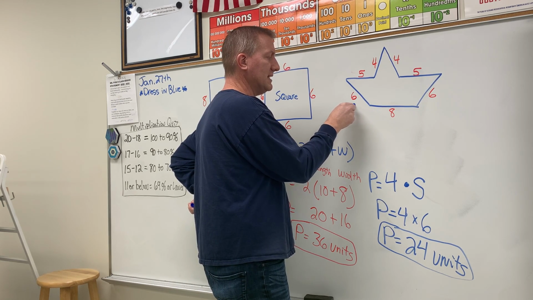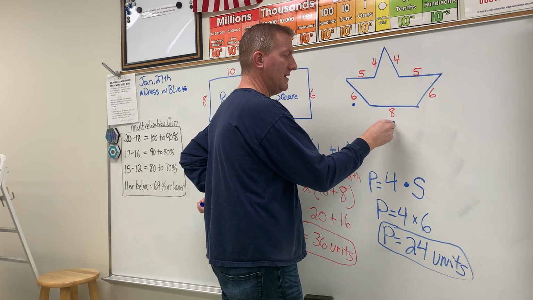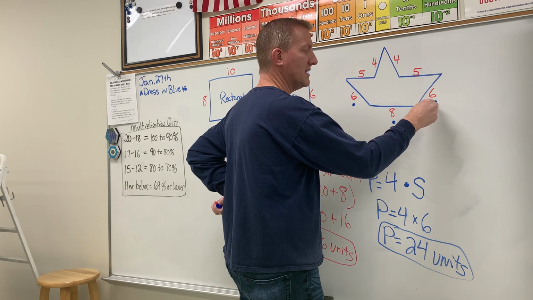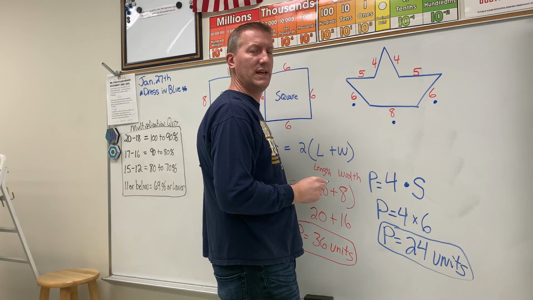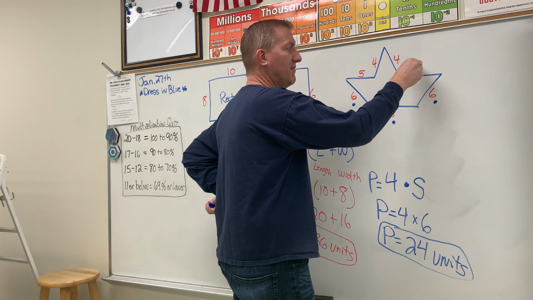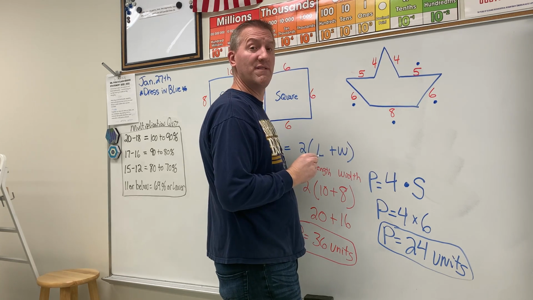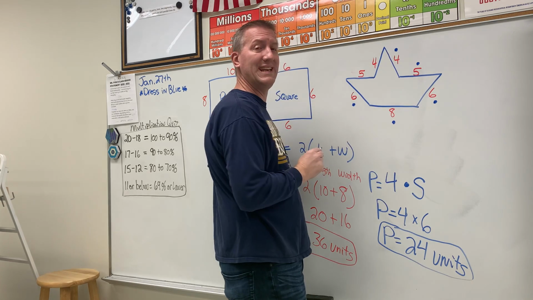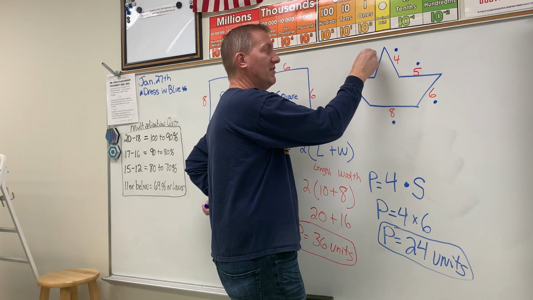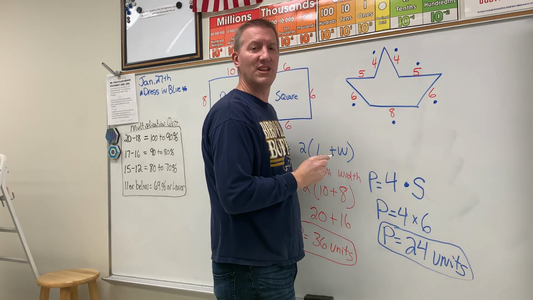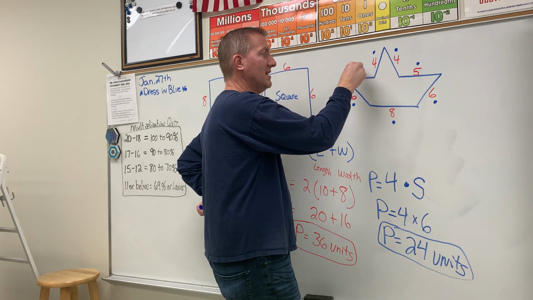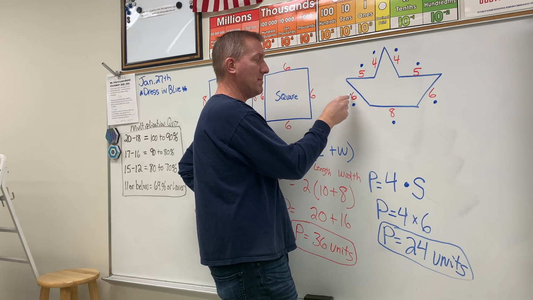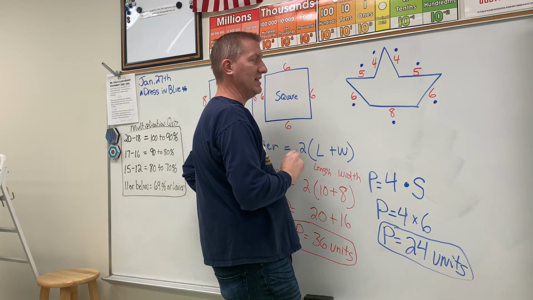So 6 plus 8 is 14, plus another 6 is 20, plus another 5 is 25, plus another 4 is 29, plus another 4 is 33, plus another 5 is 38. And now I'm back to the one that I already did.